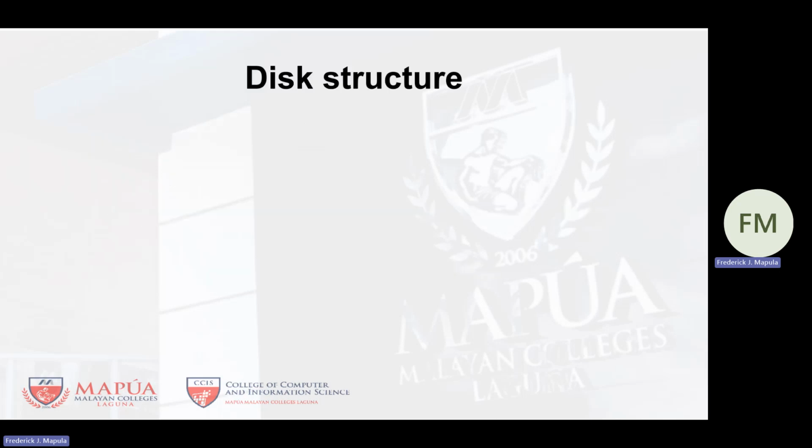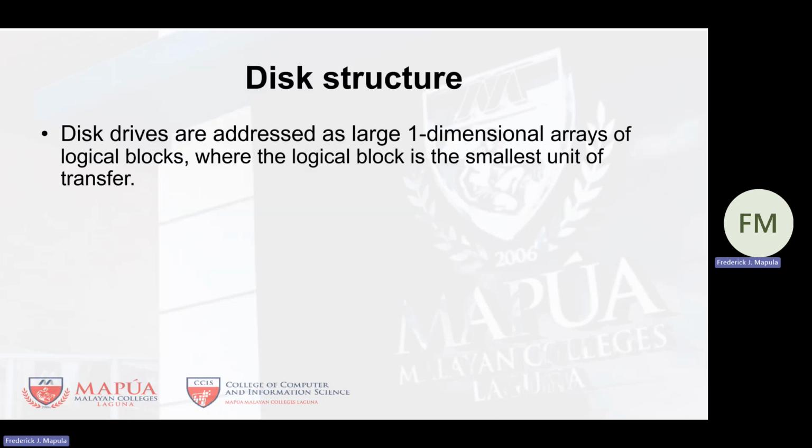This structure describes our address space as large one-dimensional arrays of logical blocks, where the logical block is the smallest unit of transfer. This structure refers to the organization and layout of data on a physical disk.